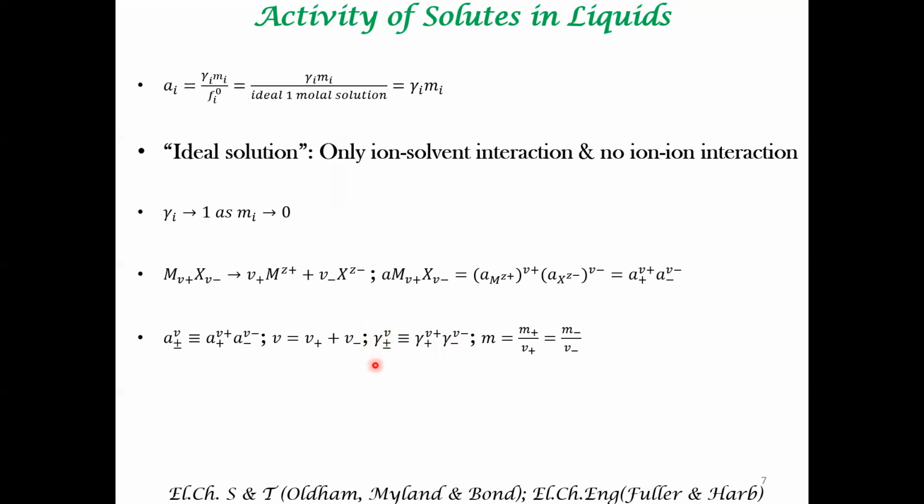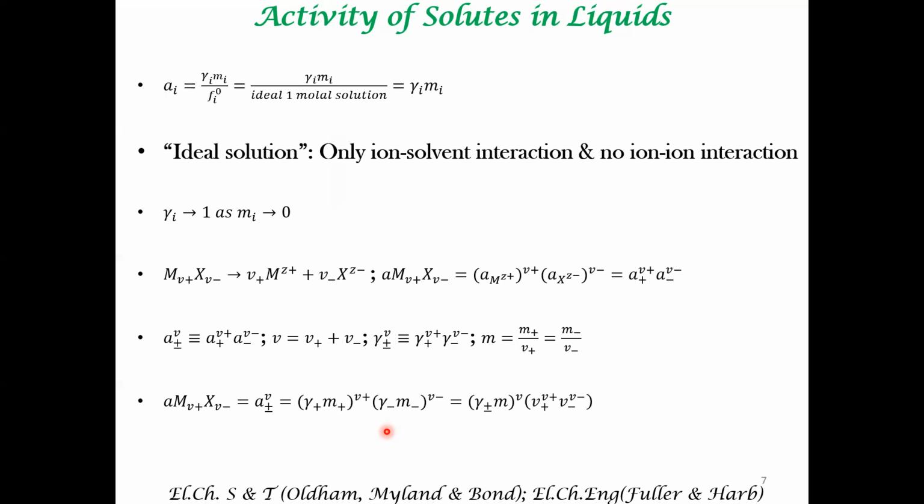So when we simplify all these things, we get this quantity. These are not too complex simplifications. All I'm trying to state here is that it is impossible to get the activity coefficient of a single ion. That is, anion and cation cannot be obtained in isolation.